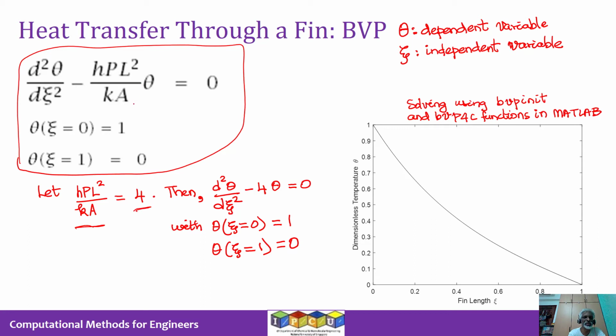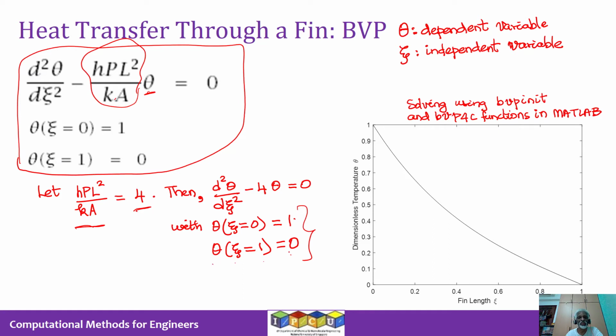So this number is going to be equal to 4. Then we can write d2 theta by d psi squared minus 4 times theta is equal to 0, with these two to be the boundary conditions. At psi is equal to 0, theta equals 1. At psi is equal to 1, theta equals 0.